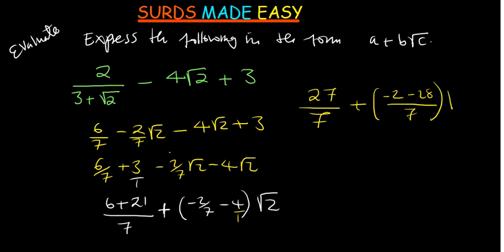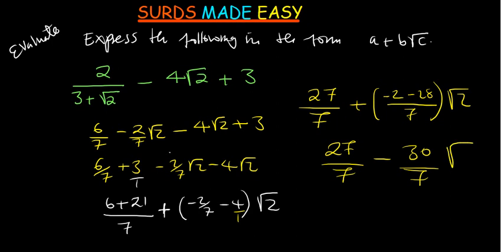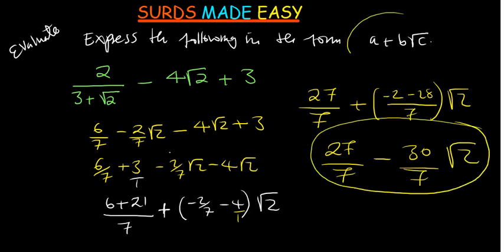And then root 2. This is going to give us 27 over 7. Negative 2 minus 28, that's negative 30. And this will be negative 30 times now this positive. So it gives us a negative 30 over 7 root 2. So there, we have expressed it in this form. As simple as that.